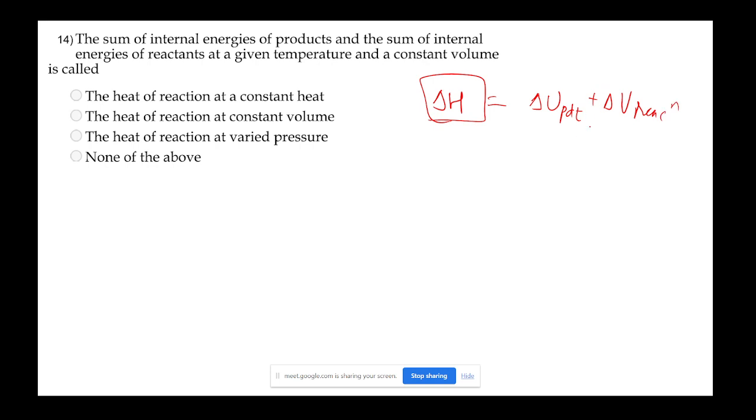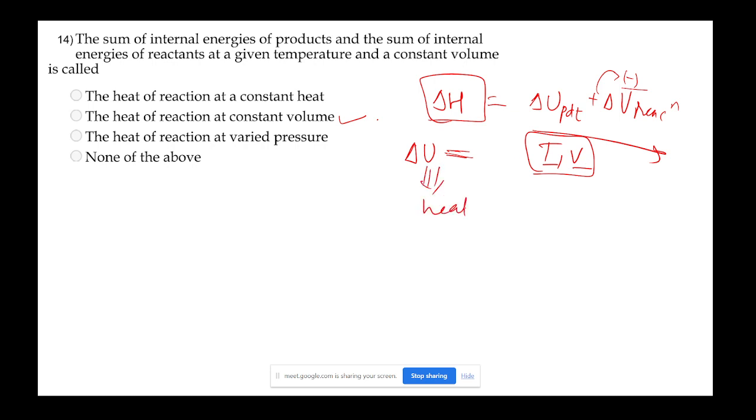Now if I add this stoichiometrically, then this will be negative. At constant temperature and volume, it will be delta U, so this will be nothing but the heat of reaction at constant volume.